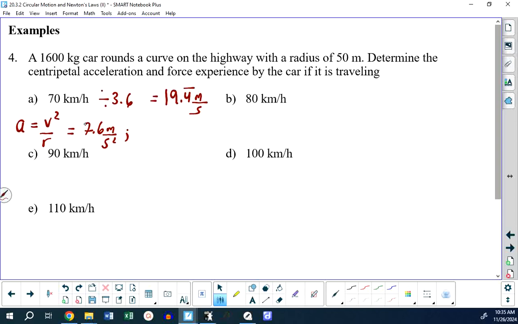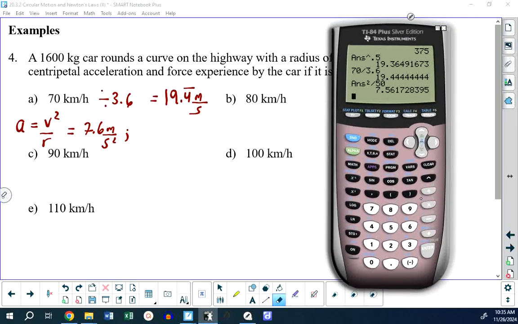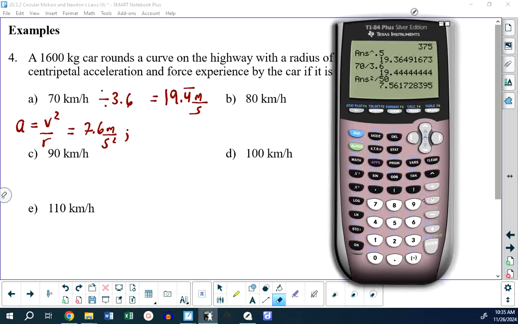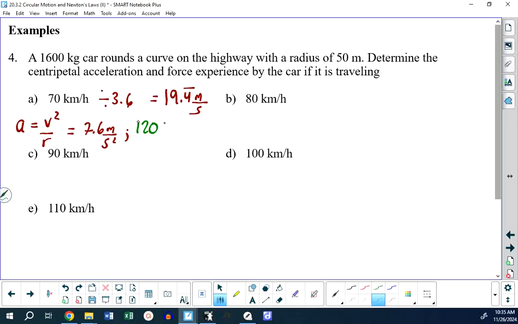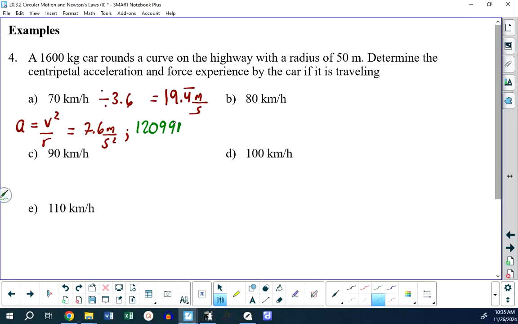So this is the acceleration, and now if I multiply that by 1,600, I get the force of 12,099 newtons. So we have to repeat that for all of these.